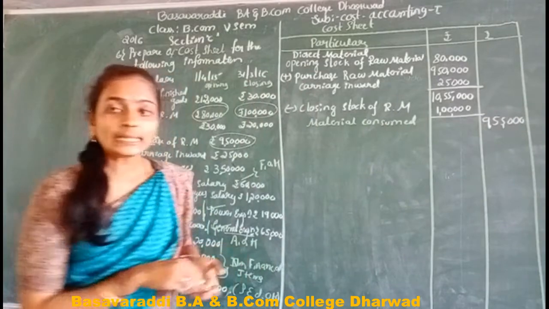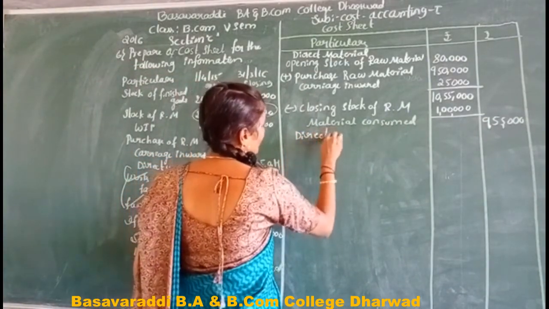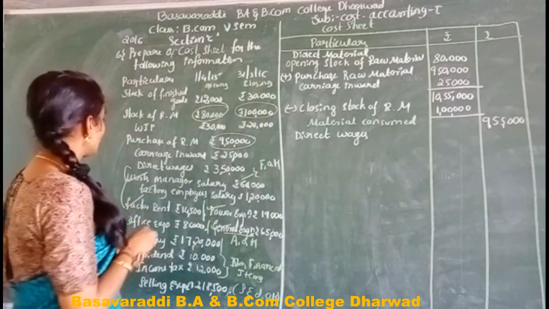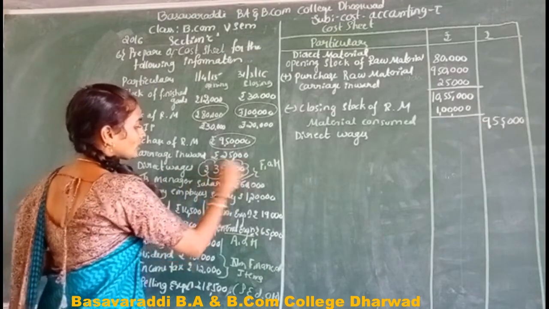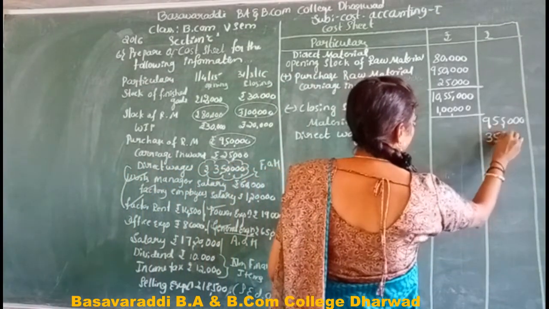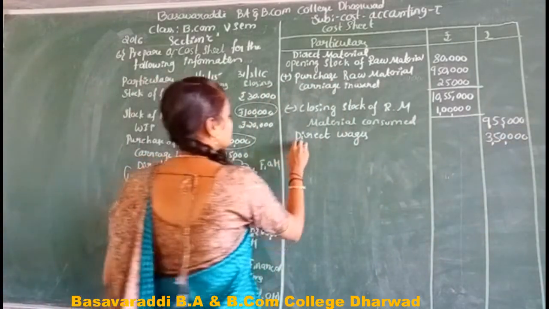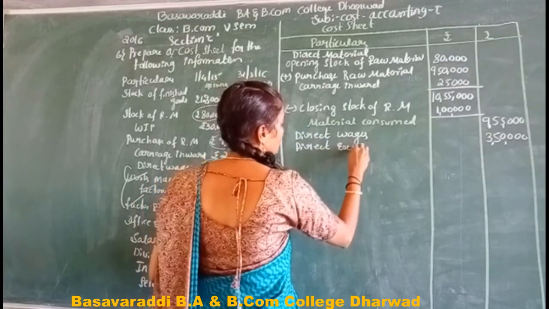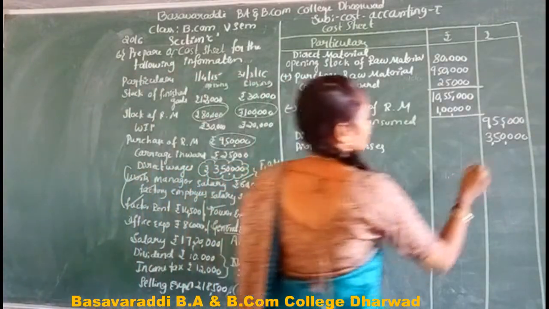In that, add direct wages. How much direct wages? 3,50,000. Then direct expenses is nil.